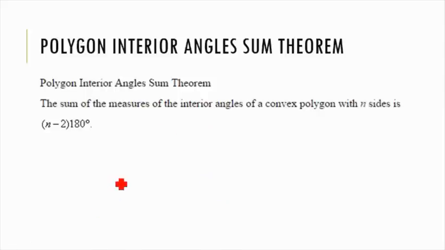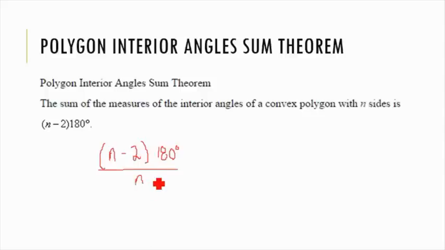Now, if I wanted just one of the angles of an octagon, I would go through the same process, except for now I would have n minus 2, so that's the total sum of all the angles. Since all the angles are congruent or equal, I would have to divide it by the number of angles. For any polygon, the number of interior angles is equal to the number of sides.